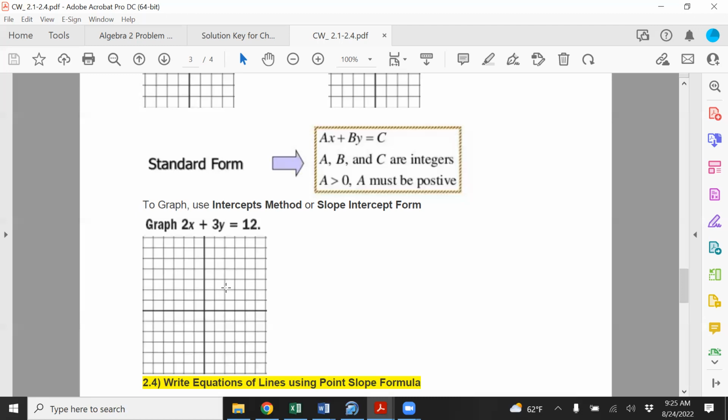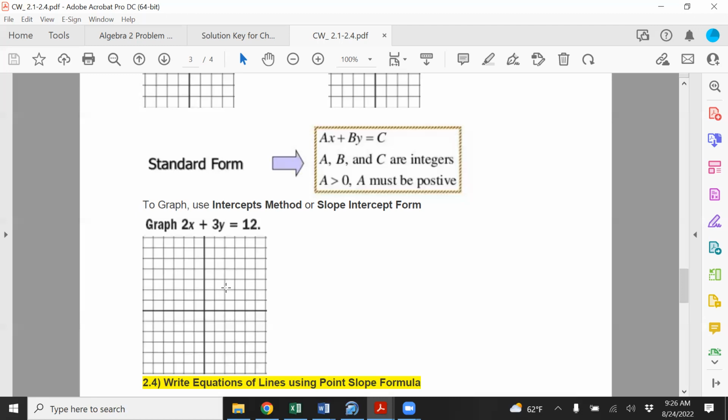I decided to get y by itself, because by getting y by itself, can I identify the slope now? What's my slope? What's the y-intercept? 4. You look at 4. Go down 2, right 3. Down 2, right 3. Down 2, right 3. And that's how you graph.